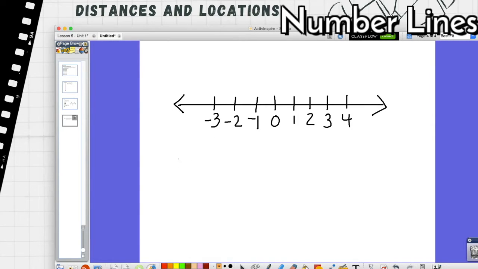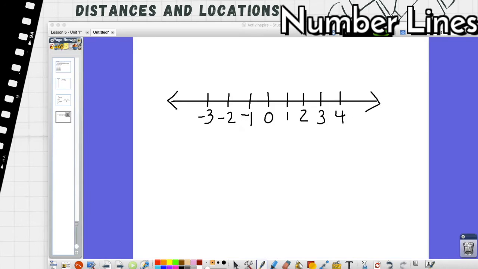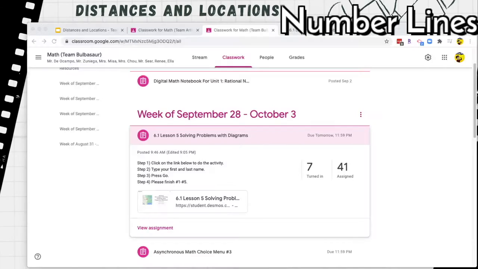But you don't always have to count by ones, twos, threes, tens, whatever. You'll see this in what we're about to do. So, for example, let's take a look at number 1 from Desmos.